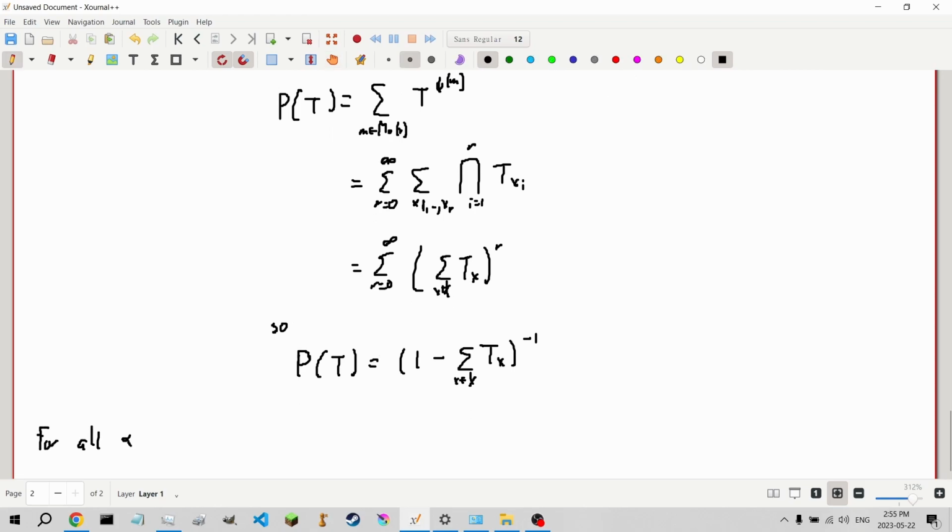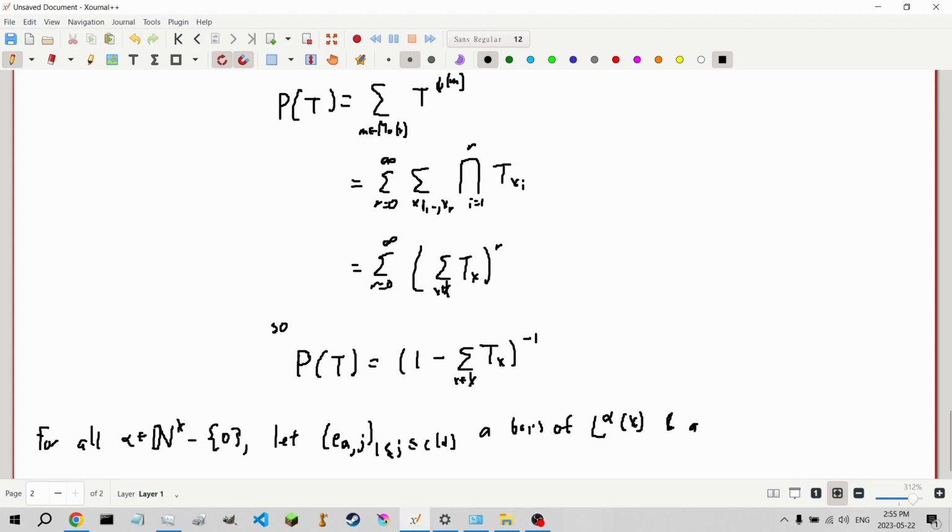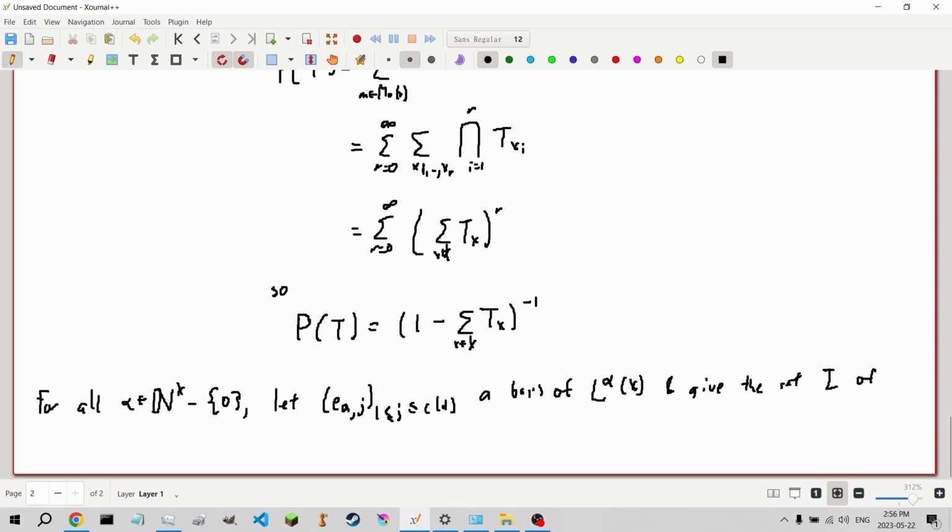Then, for all α in N^X minus 0, let e_{α,j}, for j from 1 to c_α, be a basis of L_α(X), and give the set I of ordered pairs (α, j) such that α is in N^X minus 0 and j is between 1 and c_α.